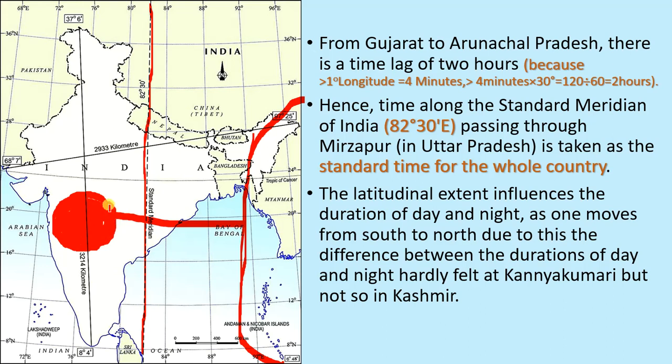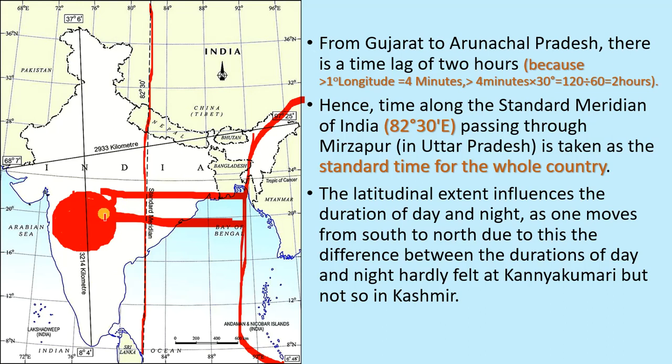As we move from the middle to the upper side, that is, from the equator to the polar region, there will be inclination in the sun rays, and those slanting rays are less effective than the direct sun rays. Because of this there is a difference in the duration of day and night.